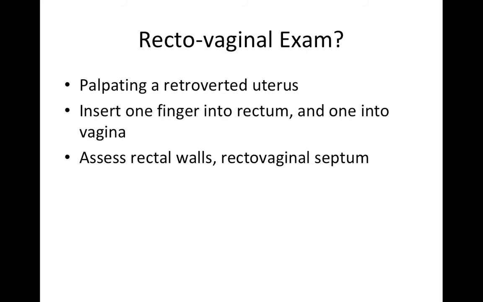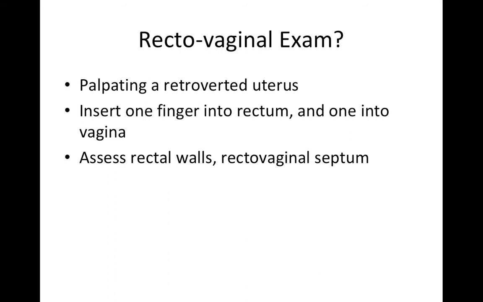How to do a recto-vaginal exam. You'll see this in the video. We're not going to practice this, but it can help palpate a retroverted uterus. If the uterus is retroverted, it's sitting back there in the pouch of Douglas, so you can only feel it through the rectal wall.